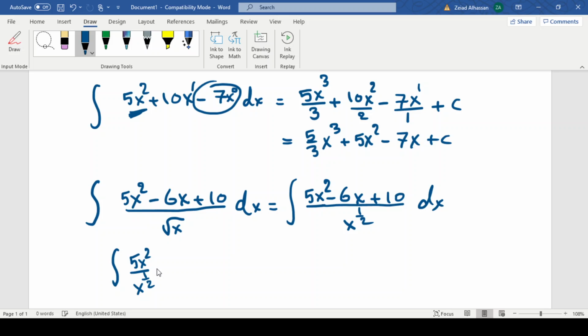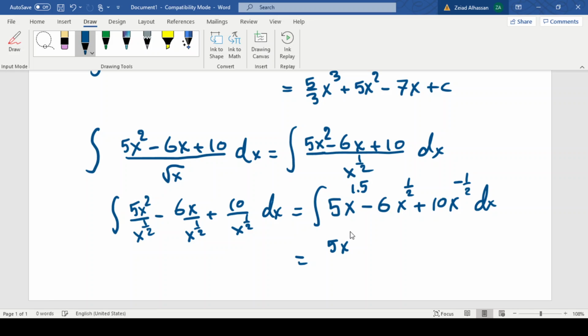Now when I do integration for this, it will be integration of 5x power 2.5 over 2.5 minus 6x power 1.5 over 1.5 plus 10x power negative half plus 1, that's a half, over half plus c.